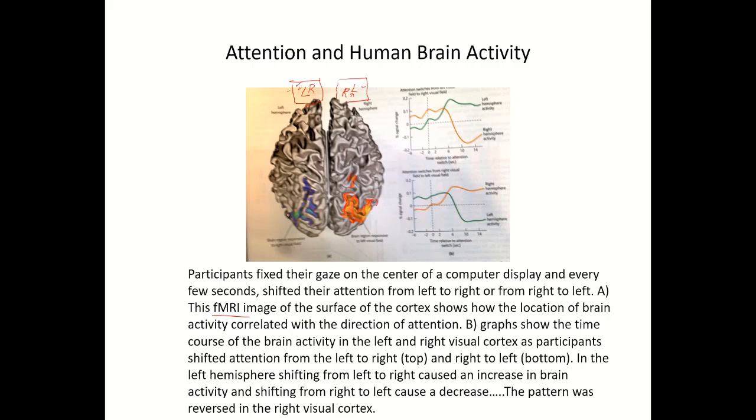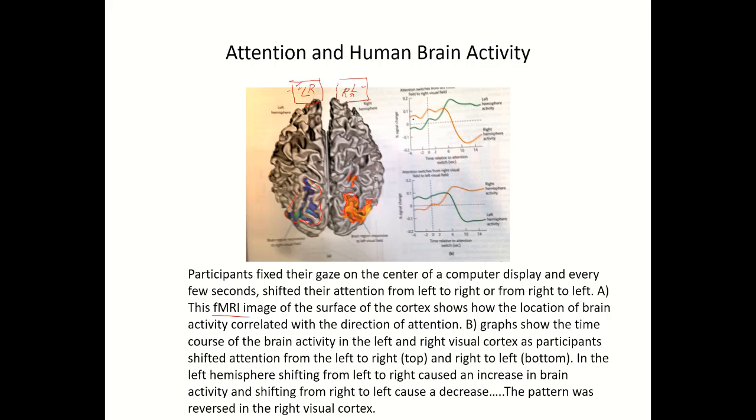And the increased activity of the left hemisphere was shown by the blue color, and the activity was high when the subject was paying attention to the right visual field but was waiting to see the letter L to shift to the other side. Okay.